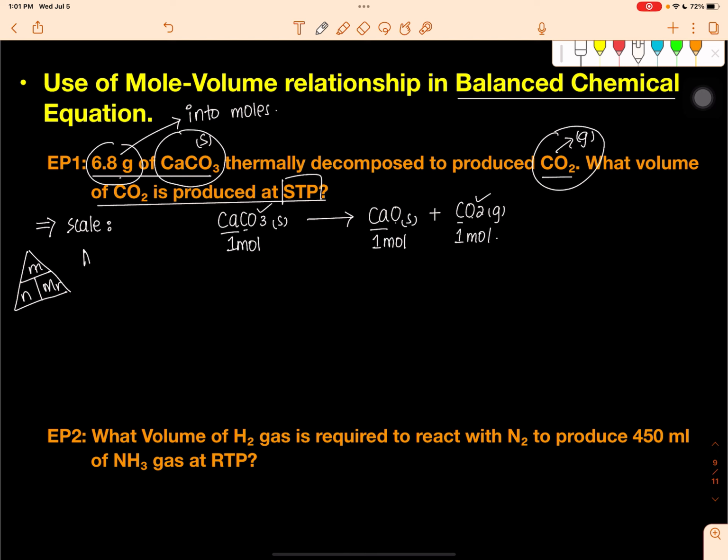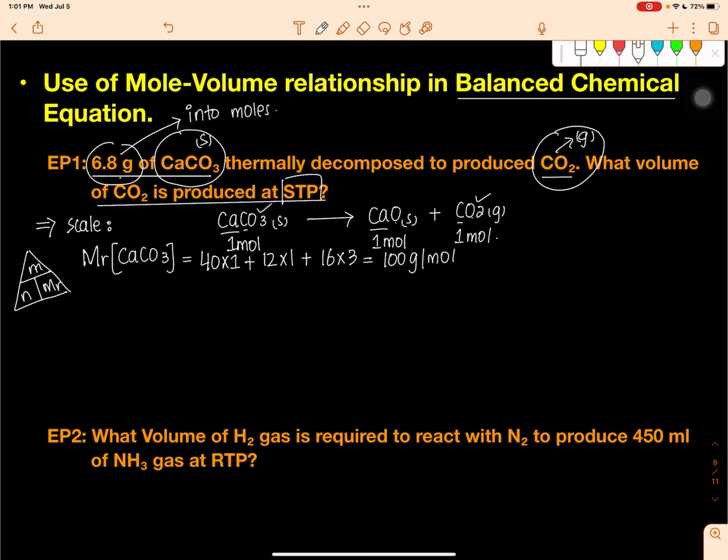So first we need to find out the molecular mass of calcium carbonate. Calcium is 40 cross 1 plus carbon is 12 cross 1 plus oxygen is 16 cross 3, and the value comes out to be 100 grams per mole.